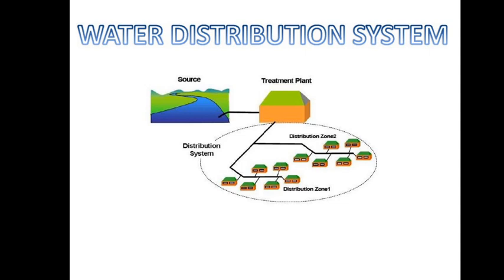Distribution layouts include the dead end or tree system, the grid iron system, the circular or ring system, and the radial system. So these are the different systems used in water distribution. We also discussed the reservoirs, that is, surface reservoir and elevated reservoir.